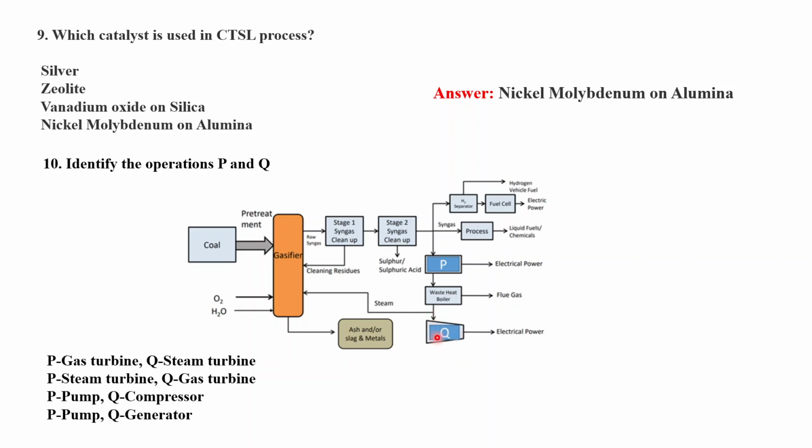This is a steam turbine and this is a gas turbine. Since we can see steam is coming here, this is a steam turbine which on expansion produces electric power, and here the gas is coming, that is syngas, so this is a gas turbine.